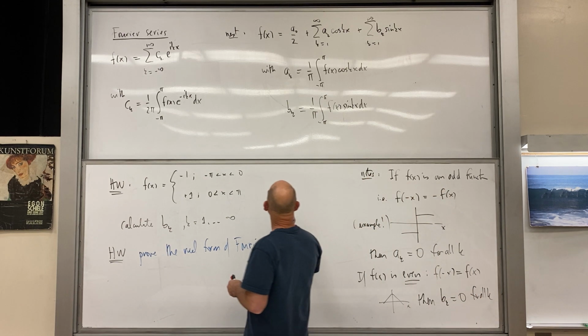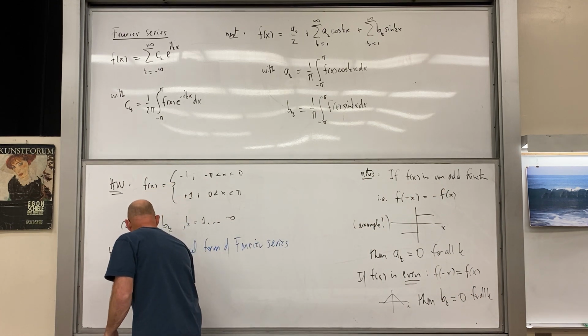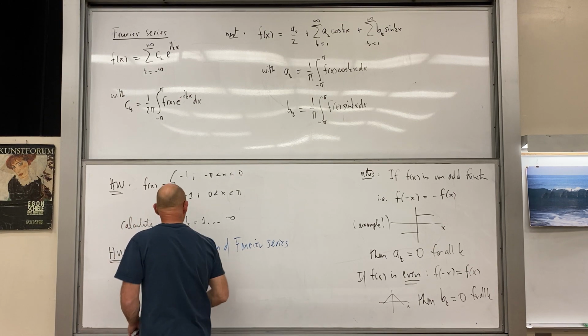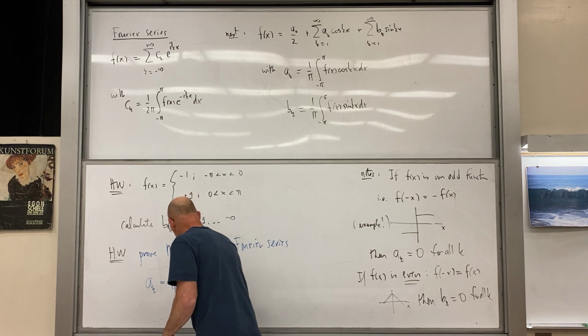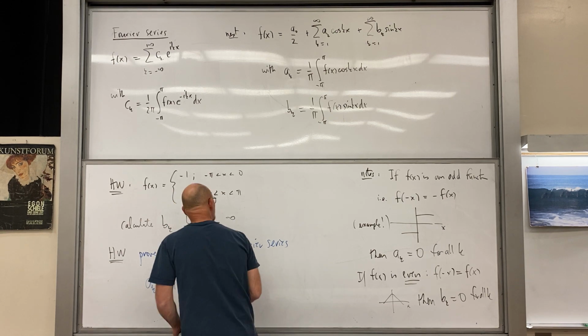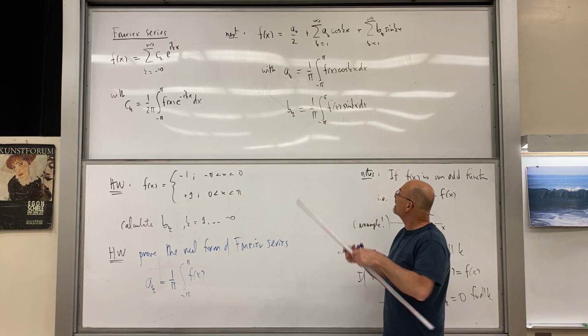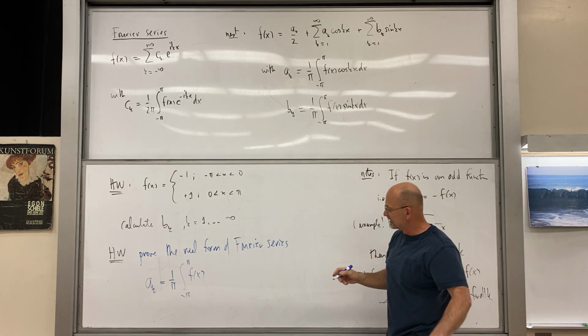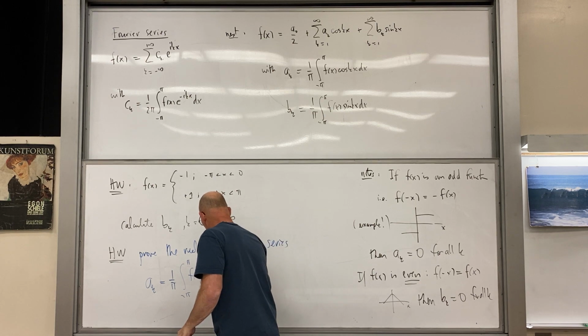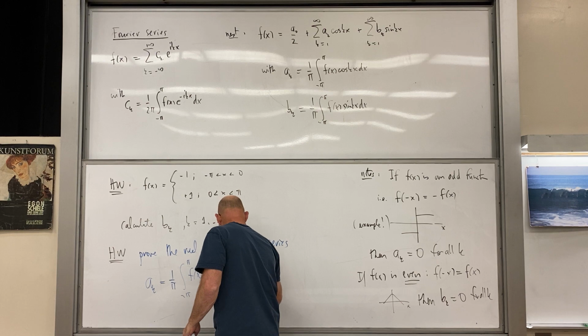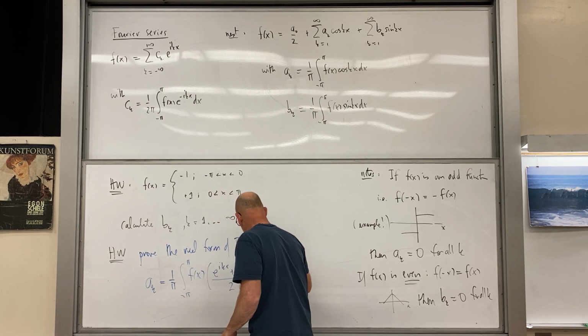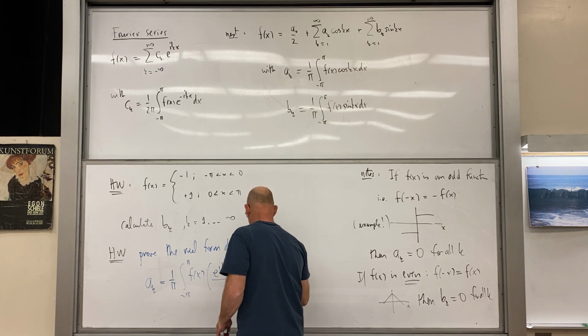So let's do this. So we have a sub k is equal to 1 over pi, integral from minus pi to pi of f of x, but now we're going to plug in cosine of kx in the form e to the i kx plus e to the minus i kx over 2, dx.